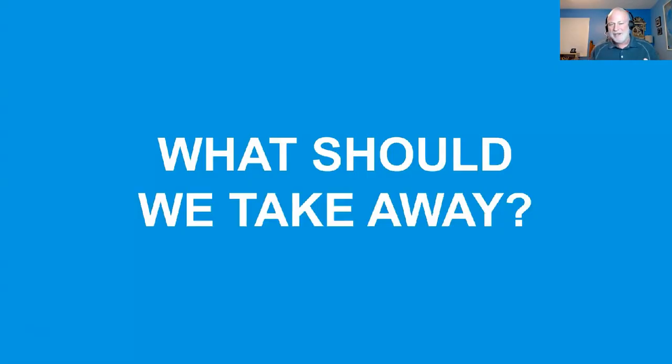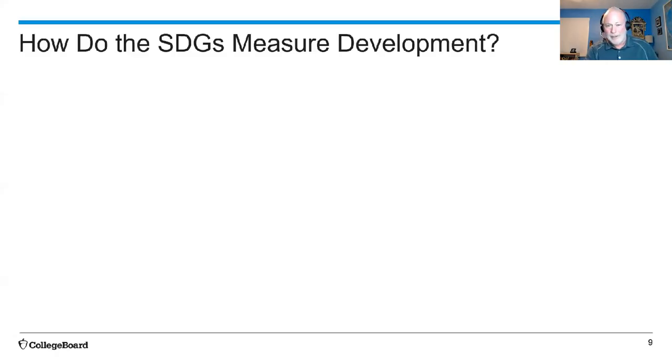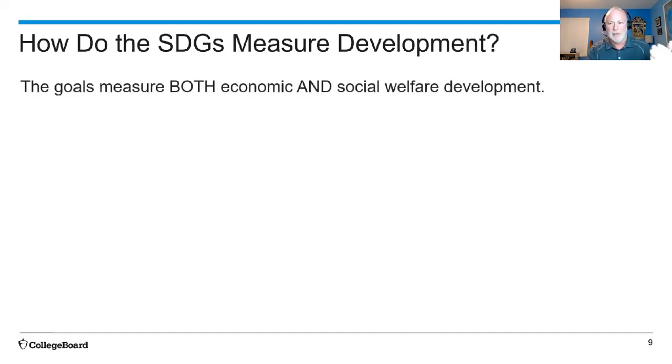So after watching this episode of AP Daily, what have we learned? We know that the SDGs, the Sustainable Development Goals, are measuring development, but we need to remember that they might ask us to explain. So we need to be able to talk about how. We need to know that the goals measure both economic indicators as well as social welfare development, things like education and access to health care.